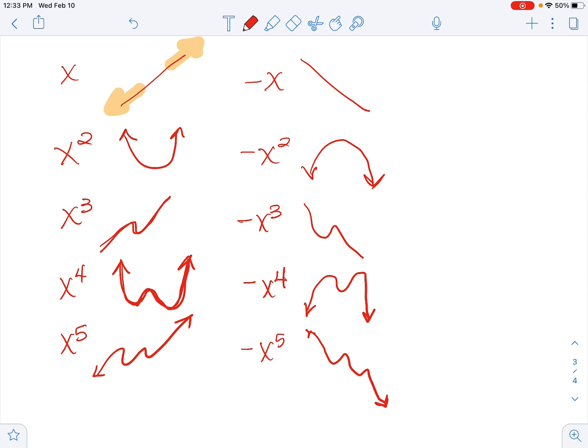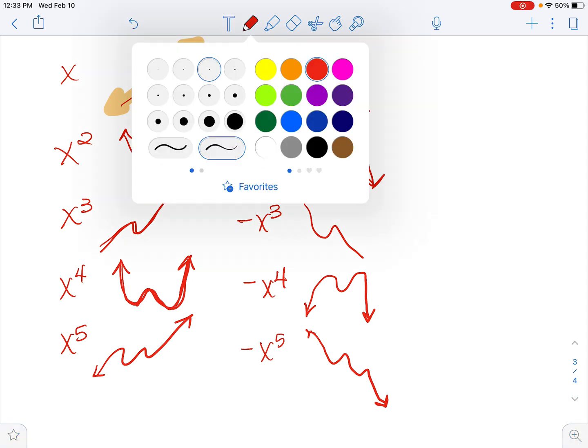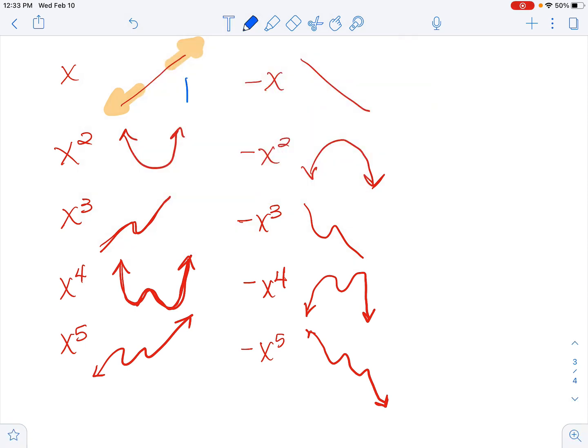As you go to negative infinity to the left, and then as you go to infinity to the right, what's happening? And so you always start left and then right. So this one would be down and then up. Well, the negative function is going to be up and then down.